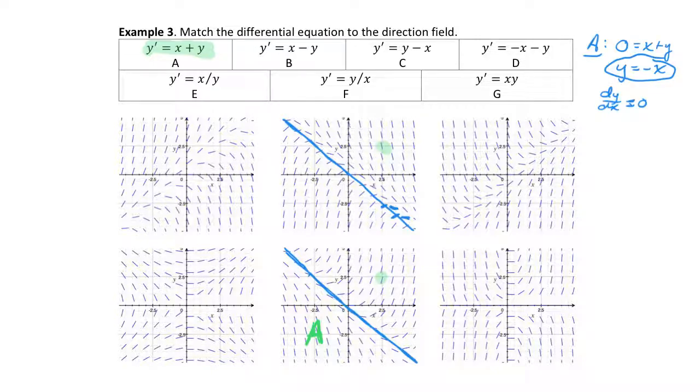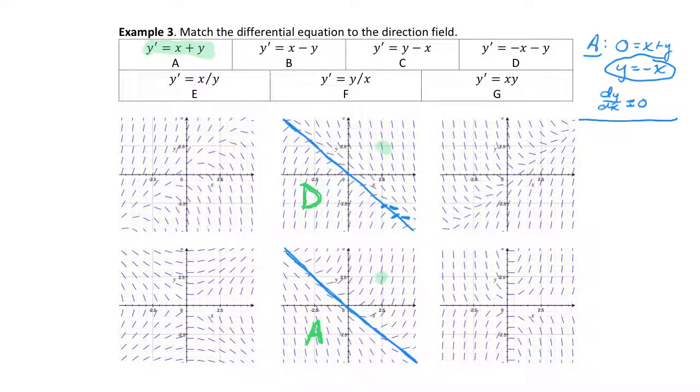If y is negative x here, I'd have negative x minus x, which is negative 2x. Nope. If y is negative x, I have negative x minus negative x, or negative x plus x. So D must be this guy, because it's the only other one that has slopes of 0 along the line y equals negative x. So that's D. Okay, let's go from here. Let's go to part B.